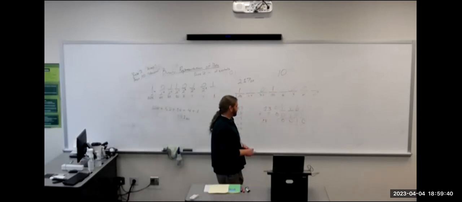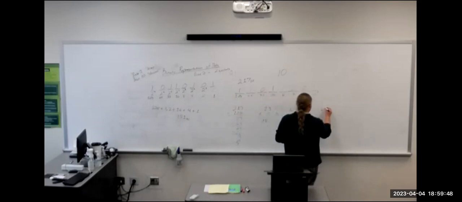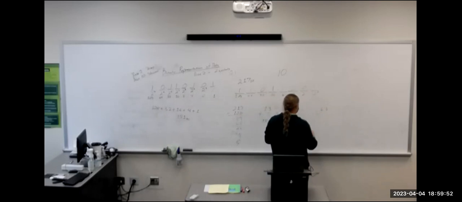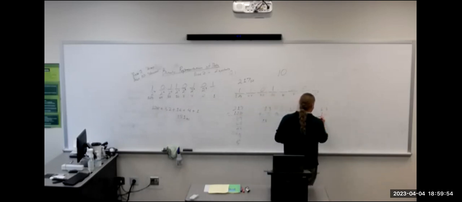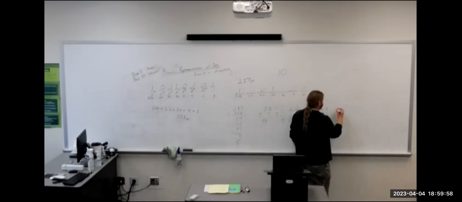Or a similar thing with subtraction. Do I want to use those numbers for subtraction? I do not want to use those numbers for subtraction. So let's do 13 minus 10. So 13, we have that row right there. 1, 1, 0, 1.